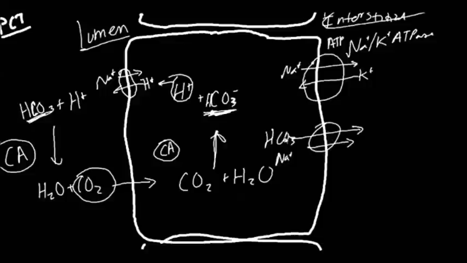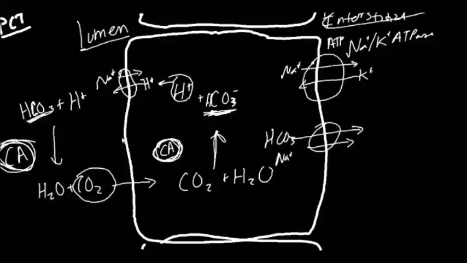Once we have this bicarbonate in the cell, we have a symporter to get it back into the interstitial, or like the interstitial bloodstream, and that's going to be our sodium bicarbonate symporter. So look at this system. We have carbonic anhydrase enzyme. This is just the normal physiology right now. This is going on right now in your body. We're reabsorbing bicarbonate through carbonic anhydrase.